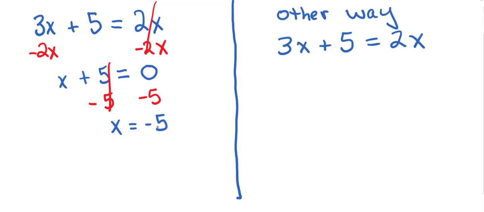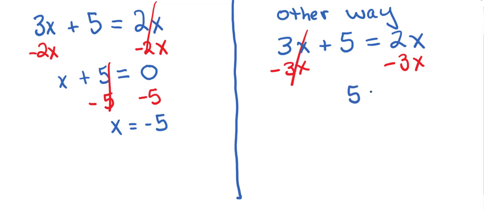All right, I'm going to do the same problem again, but this time I'll get rid of the 3x so that I don't wipe out a side. Should get the same answer at the end. All right, so if I get rid of the 3x, I have to subtract it. That would make it cancel to 0. This one's gone.